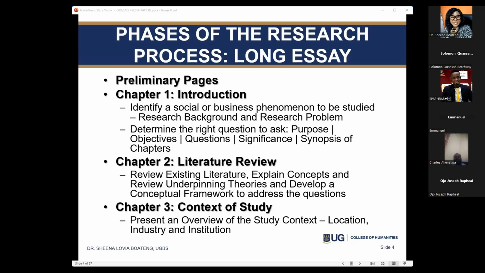But that doesn't help because it gives us a myopic view of the issue that you are trying to address and does not give us enough justification for why you are building a whole long essay around this particular issue or area.